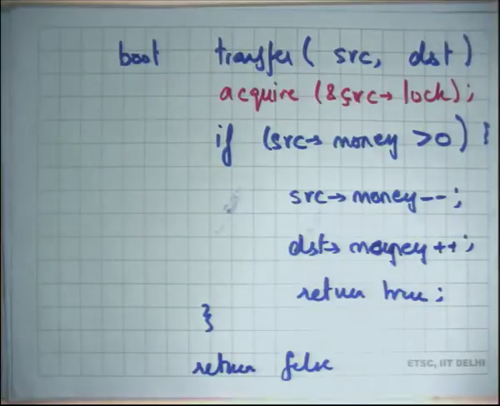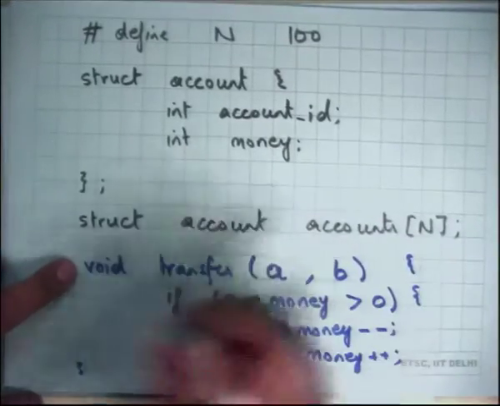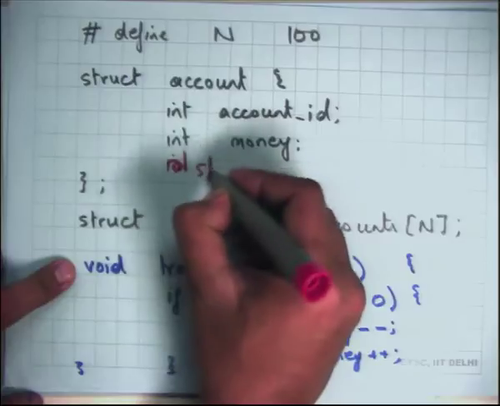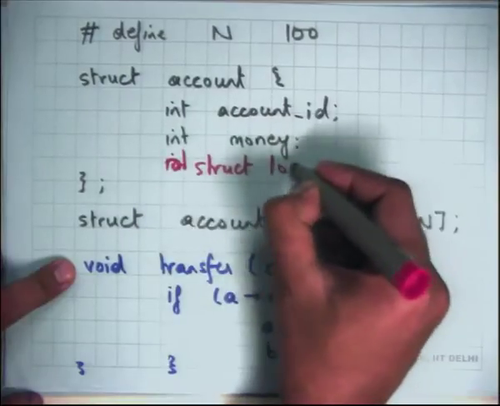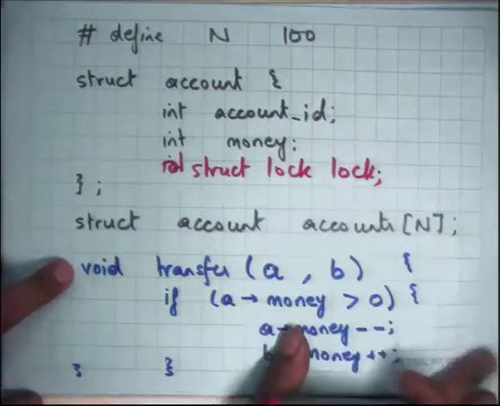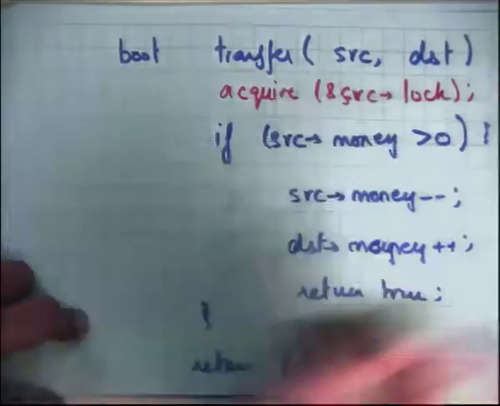So I now have a lock per account, right? The other thing I have done here is in this struct account I have another field called struct lock. And so I'm going to say acquire source.lock.